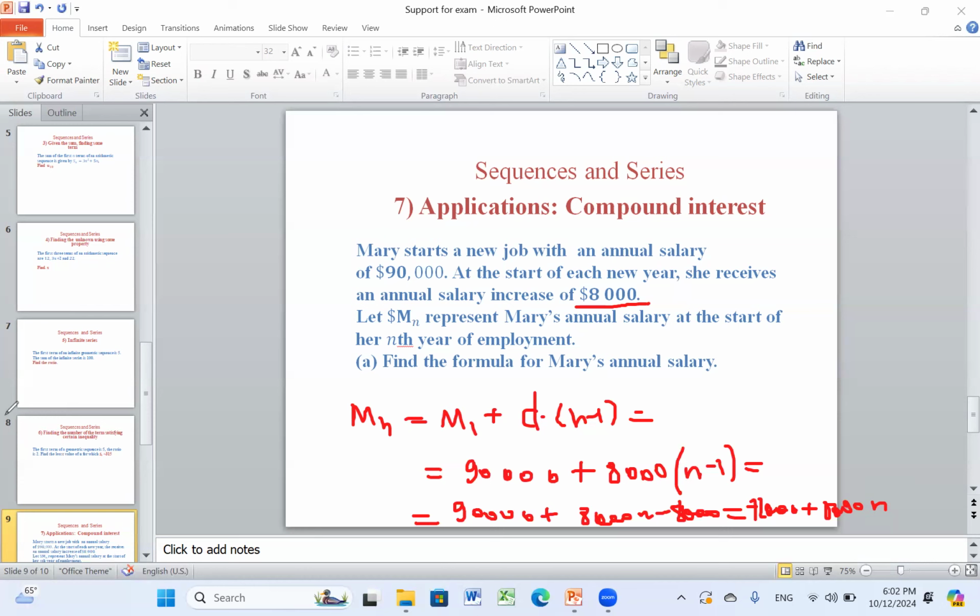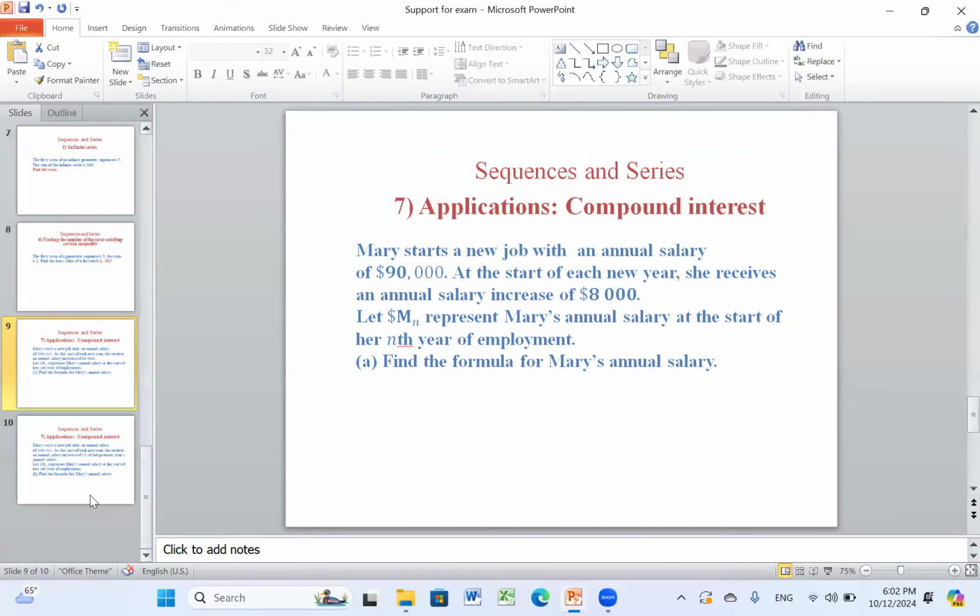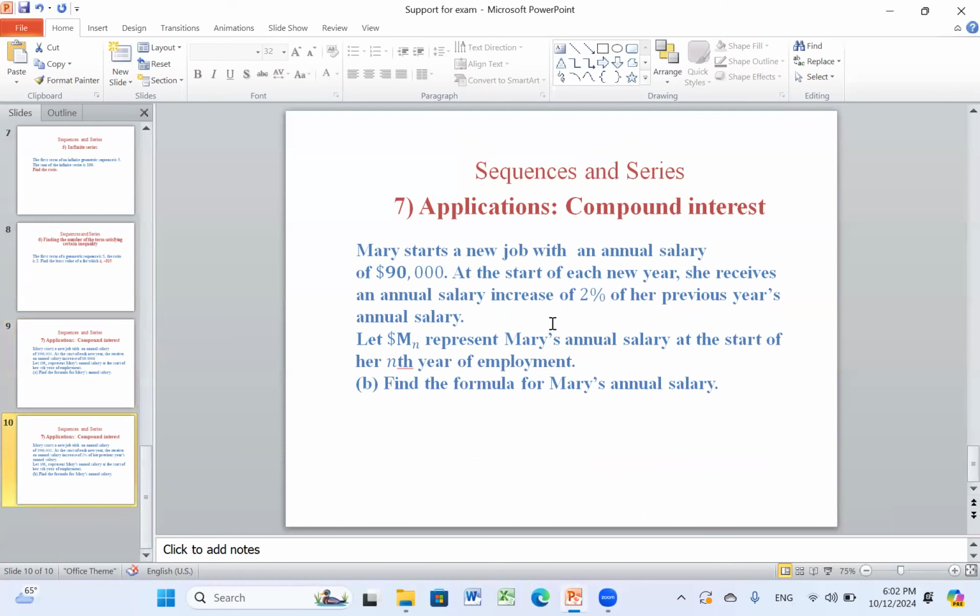Now consider the same problem in a geometric way. Mary starts a new job with an annual salary of $90,000. At the start of each new year, she receives an annual salary increase of 2% of her previous year's annual salary. From here, we understand that Mary's salary increases compoundly. We call it in economic science compound interest.